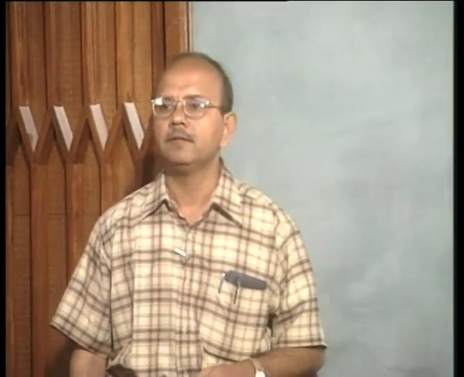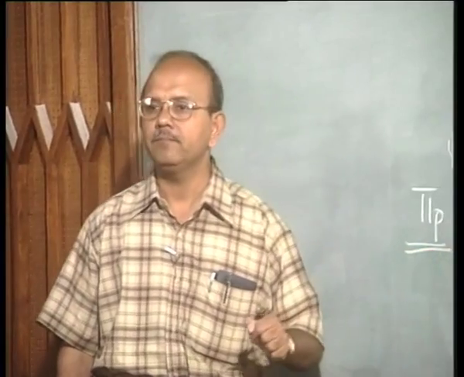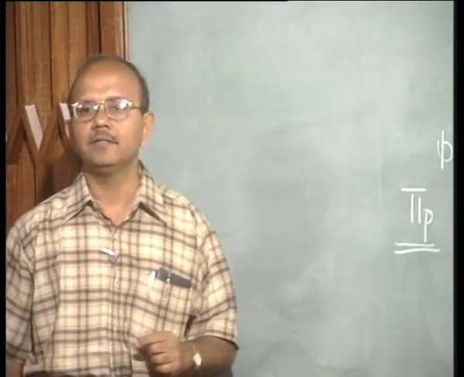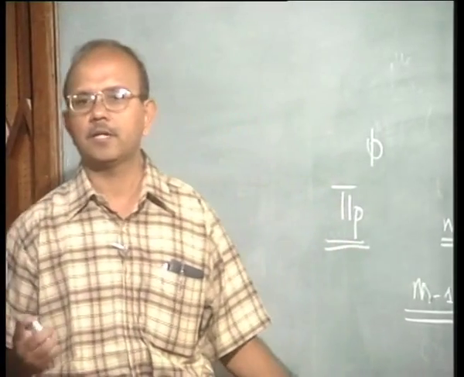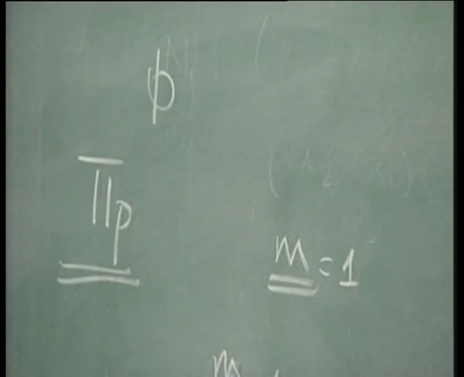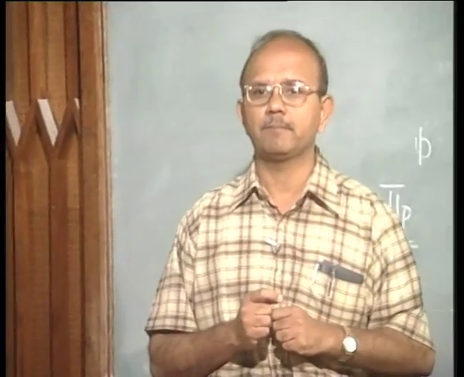Is that clear? So in our case, what does this mean? What is m? M is equal to 1. So it is continuous up to m minus 1. So the first derivative need not be continuous.